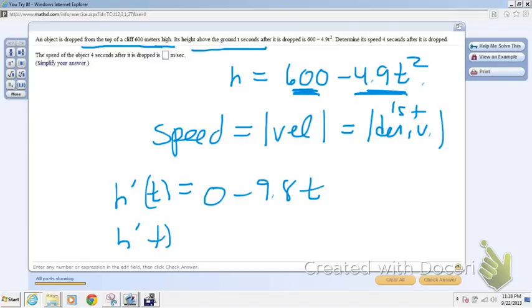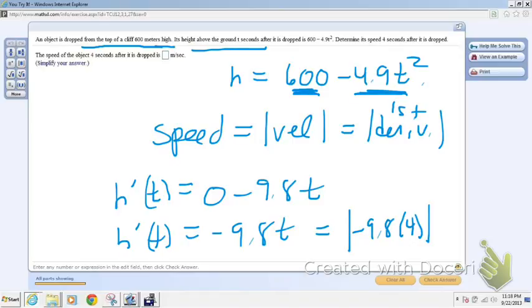So now we know that h prime of t is negative 9.8 t, and we want to know, what's the speed 4 seconds after it's dropped? Well, the absolute value of negative 9.8 times 4 is something. So this implies that speed is going to be equal to this.